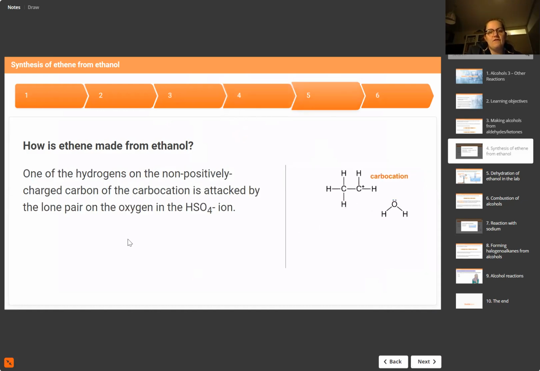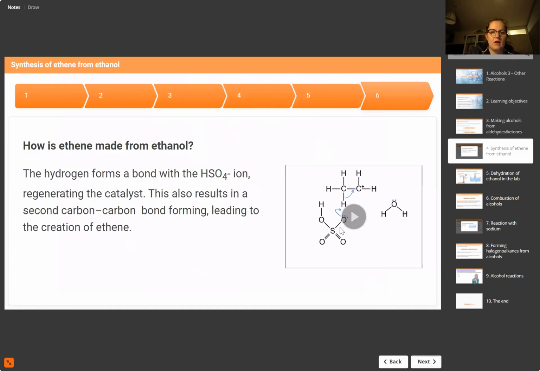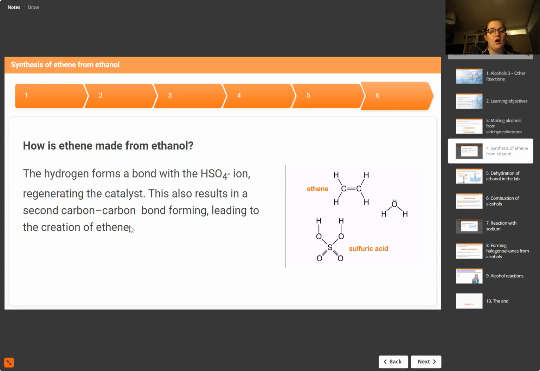One of the hydrogens on the non-positively charged carbon of the carbocation is attacked by the lone pair on the oxygen in our HSO4 negative ion. And then finally, that hydrogen forms a bond with the ion, regenerates the catalyst, and this also results in a second carbon-carbon bond forming, leading to the creation of ethene.